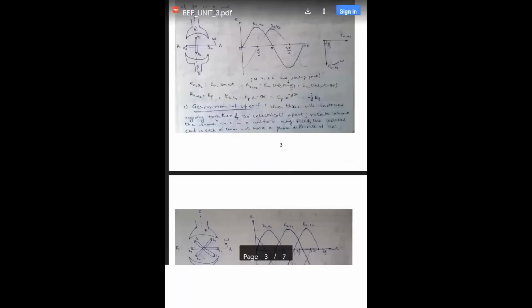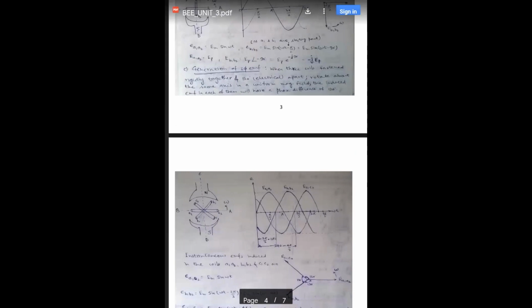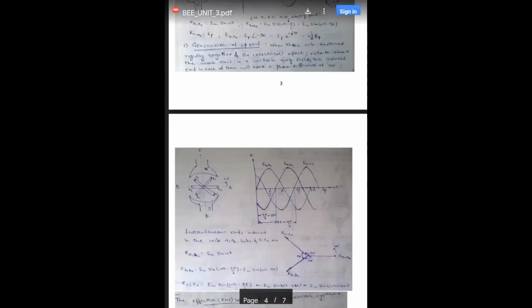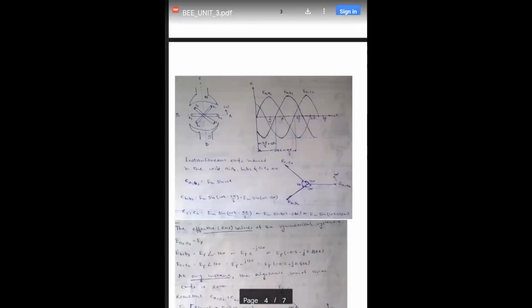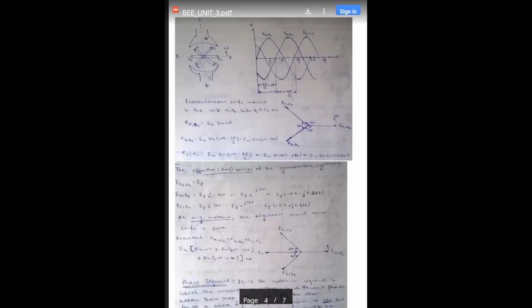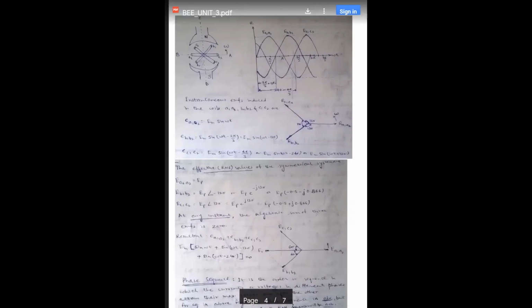Okay, similarly now we move on to the generation of three-phase EMF. What is happening here? There are three conductors which are separated from each other by 120 degrees as shown in the diagram. So zero crossing will be after 120 degrees each.